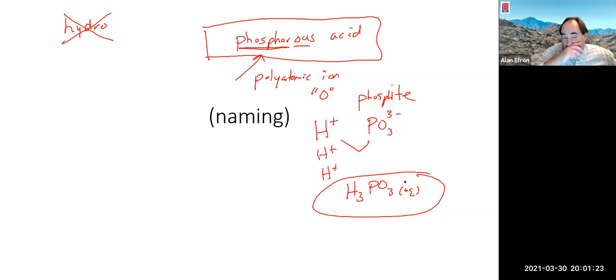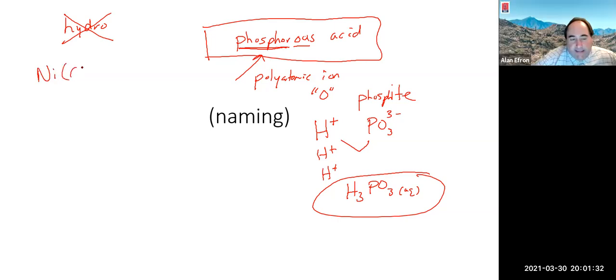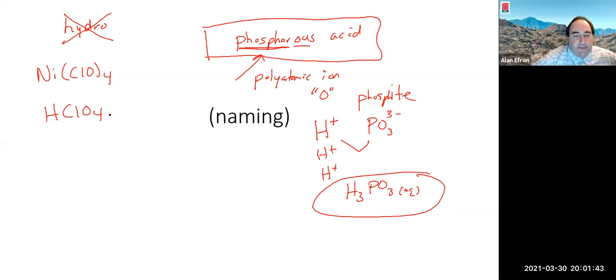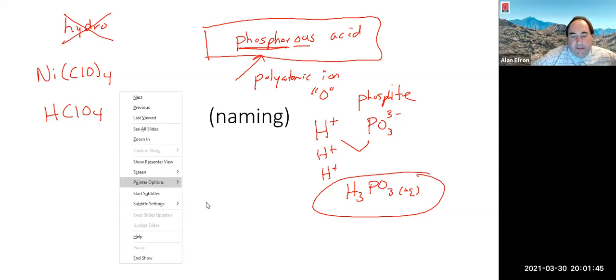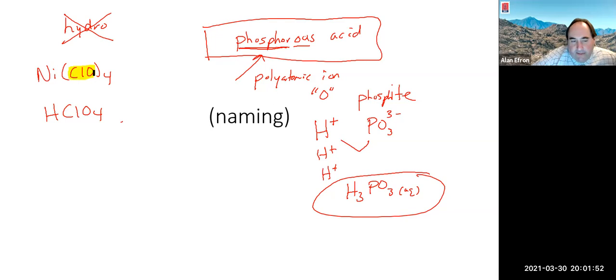So your question was, in the previous example, we had NiClO4, and here we had HClO4. And what is the difference between those two? The difference is, when we put the parentheses around this, the only part that's the polyatomic ion is that part right there.